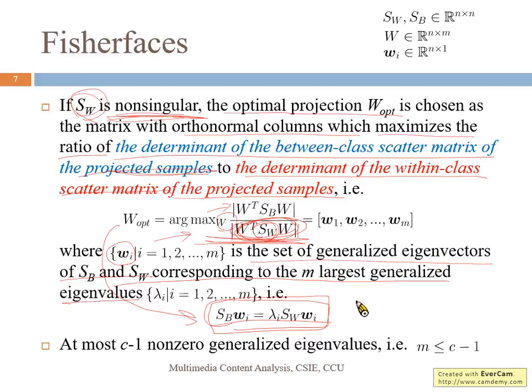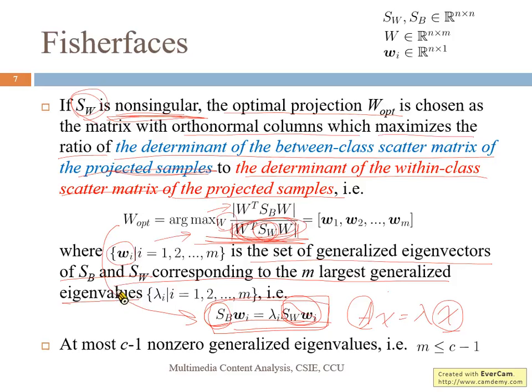They are connected to the simple eigenvalue problem, Ax equals lambda x, and right here Sb is something like A, and wi is something like x. Okay, so it's not a basic eigenvalue problem, but it is a generalized eigenvalue problem.